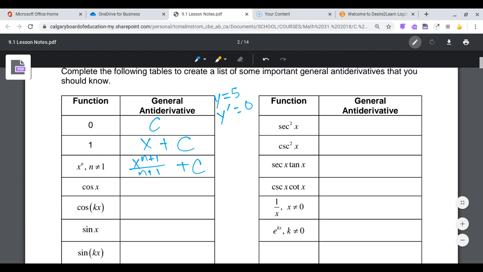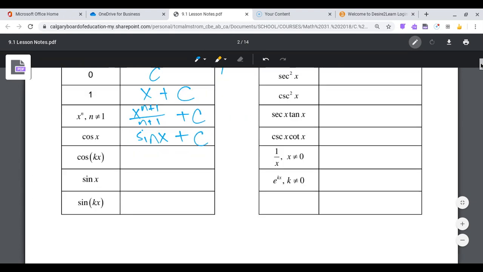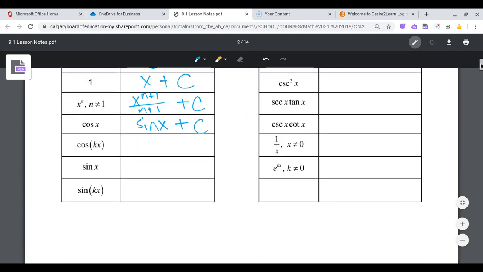So cos, you have to think about who has a derivative of cos. Sine has the derivative of cos, so sine x plus c. Then what happens if the argument has a constant with it? Okay, so would it just be sine kx plus c? Would that be okay? So let's think about this down here for a second. What happens if I had sine 3x plus c? What would be the derivative of this?